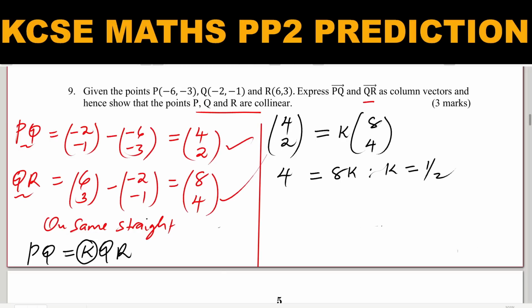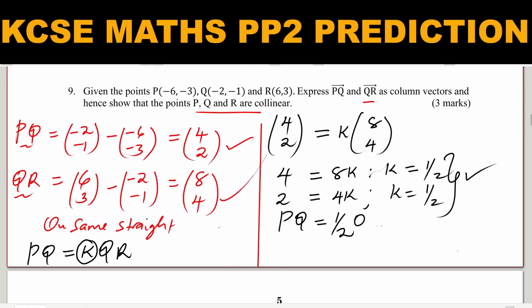Then the other one, 2 equals 4 times K, that is 4K, and here K will also be a half. You can see we are getting the same value of K. So that means that these vectors are scalar multiples of each other, and therefore we can say that PQ is equal to K, which is a half, times QR.